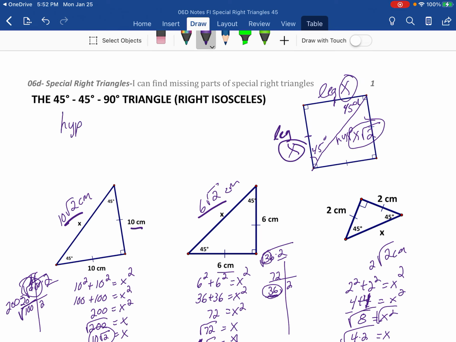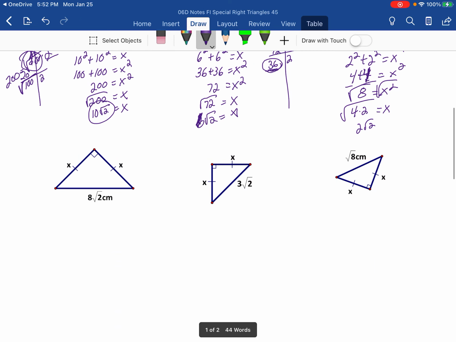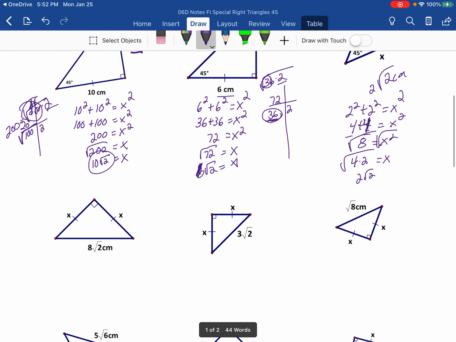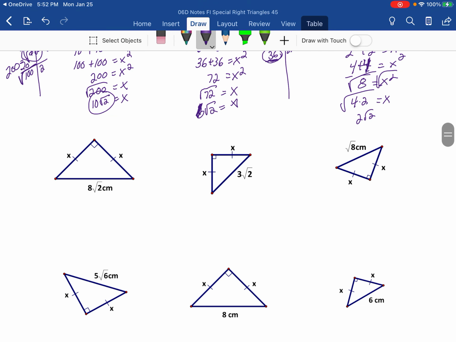And so what you really need to know is your hypotenuse in a 45, 45, 90 is always equal to your leg times radical 2, and I write h equals leg radical 2. If you can remember that, and you guys have it a lot easier this year because you're virtual, you don't have to memorize that, that's going to carry you through the rest of these examples.